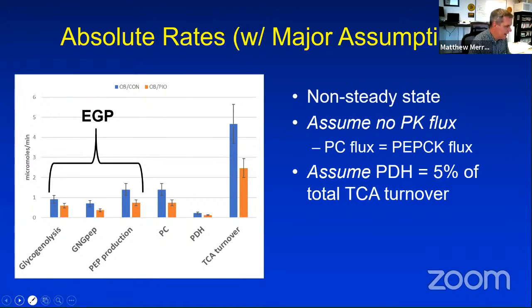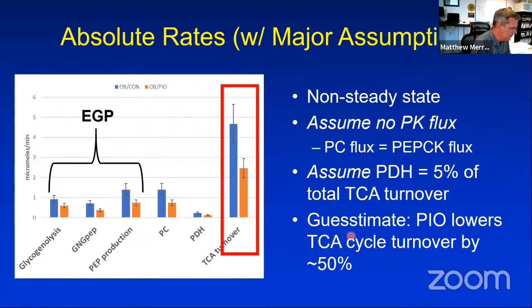But if you make that assumption for these two cases, then the guesstimate that you get out is that PO actually lowers TCA cycle turnover by quite a bit, and this matches the estimates of Kalevala Poly using a different tracer. So this is not ironclad by any stretch of the imagination, but it's certainly suggestive. We want to double back and really get to the final answer on this.